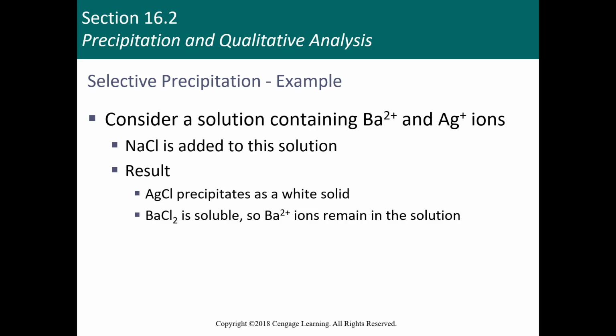Anyways, consider a solution containing Ba2+ and silver ions. So we add NaCl to this solution. The result is that silver chloride will precipitate as a white solid. Barium chloride, on the other hand, is soluble, so the barium will remain in solution.